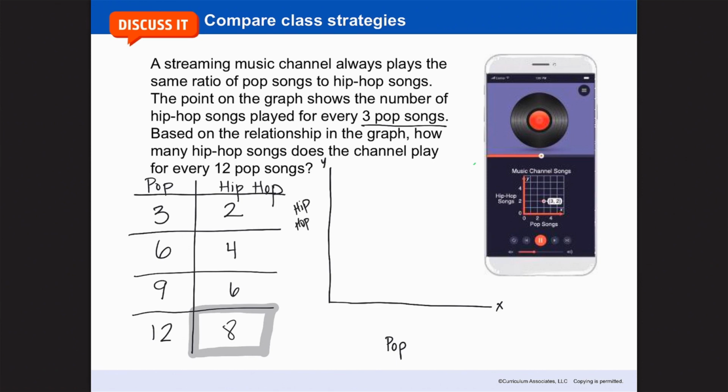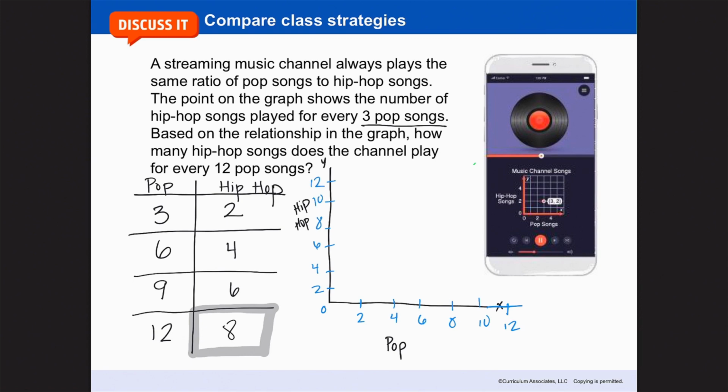Then I'm going to number my numbers here in blue just so we can see them a little bit better. So we're going to go 2, 4, 6, 8, 10, and then we'll scoot this over a little bit, and 12. And the same here, 2, 4, 6, 8, 10, 12.